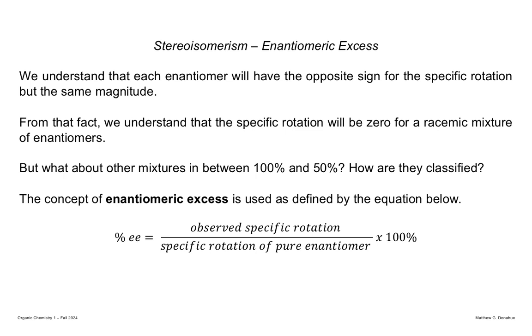So again, if the sign is plus, then yes, that light has rotated clockwise. But that does not correlate exactly to the R stereochemistry. R and S is what you figure out on your own.